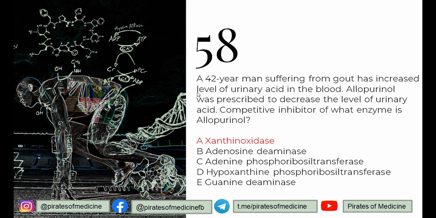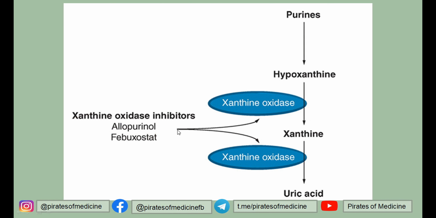A 42-year-old man suffering from gout has increased levels of uric acid in the blood. Allopurinol was prescribed to decrease the level of uric acid. They are talking about uric acid. The competitive inhibitor of what enzyme is allopurinol? So remember, allopurinol, you will study this in pharmacology, that allopurinol is a competitive inhibitor of xanthine oxidase.